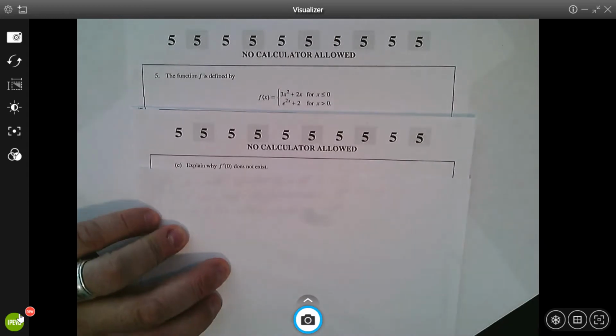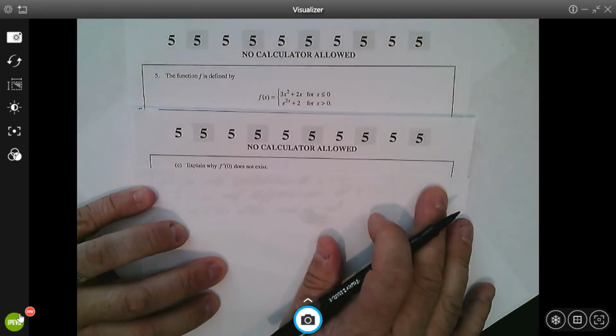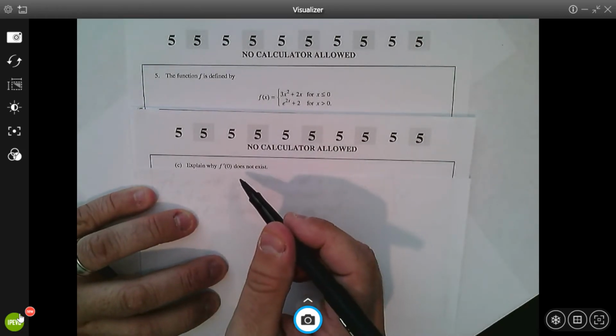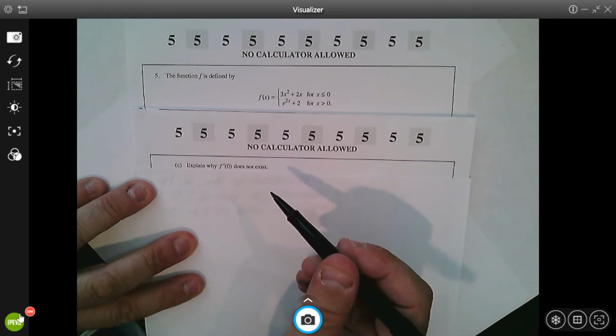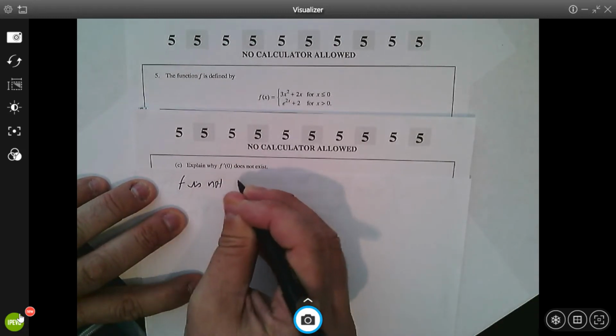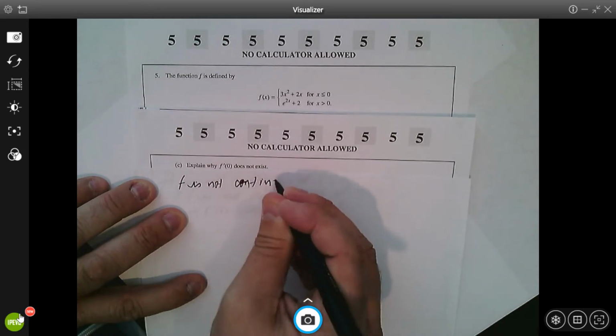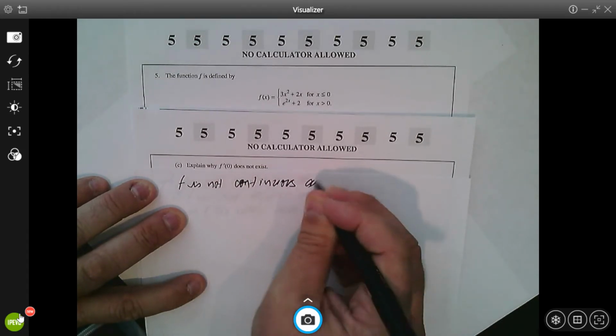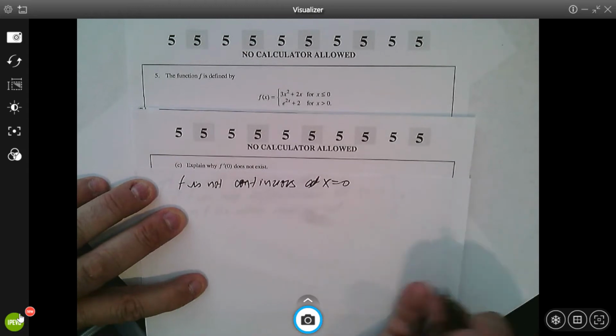In part C, we're asked to explain why f prime of 0 does not exist. Now, an easy way to do this is to remember what we already know about the function. We know that f is not continuous at x equals 0.